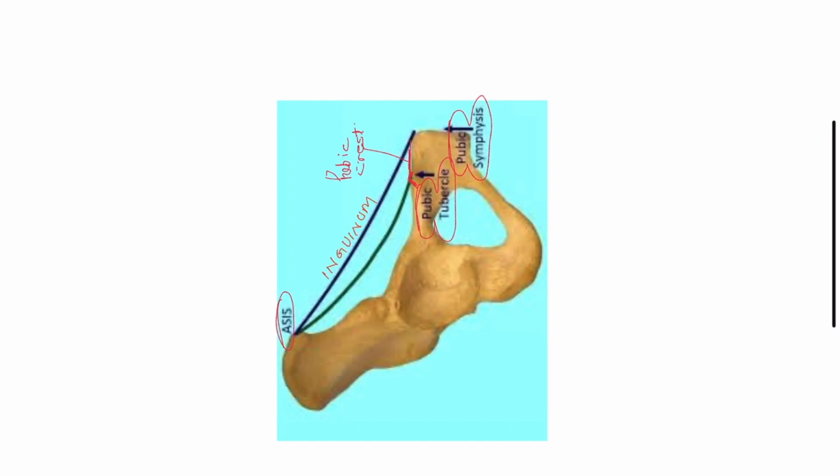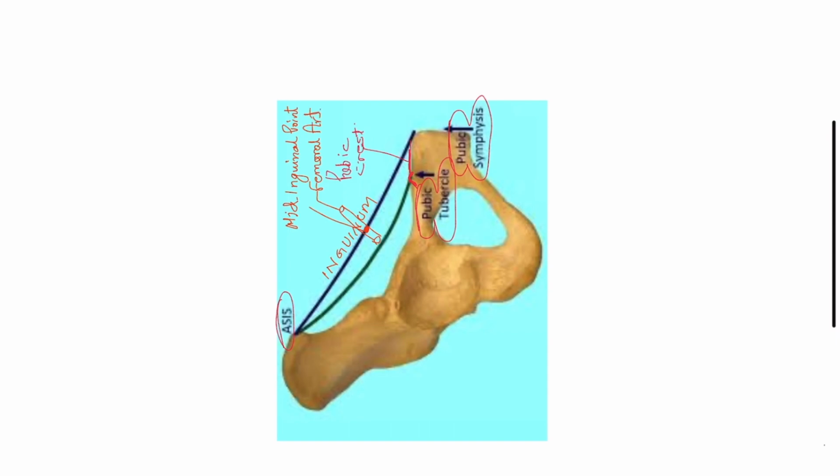So the midpoint of the inguinum will be somewhere here, and this point will be called the mid-inguinal point. If it's asked what structure passes below the mid-inguinal point, then you'll say that it is the femoral artery.